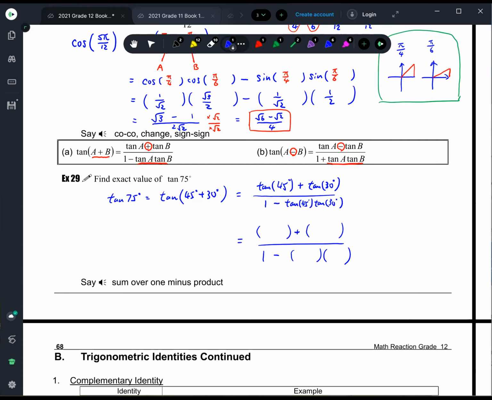Opposite over adjacent. Please raise your hand if you filled out all the 4 blanks here.